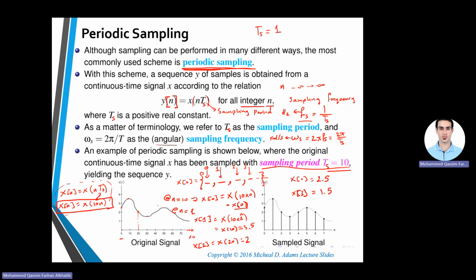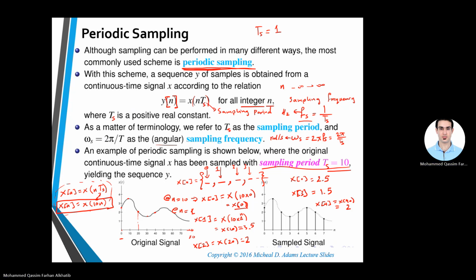I'm giving approximations. X of 4 is x of 40, which is approximately 2. All right, so I got my sequence points.